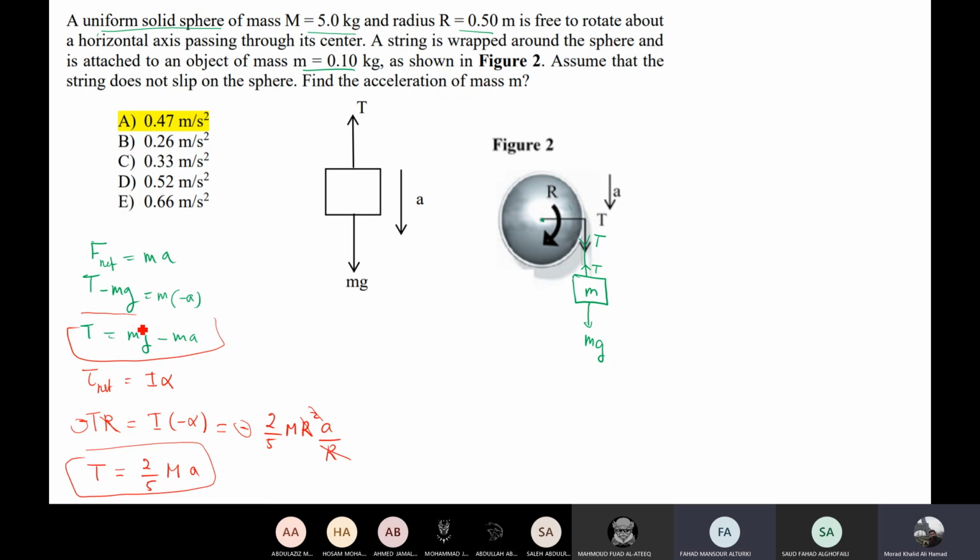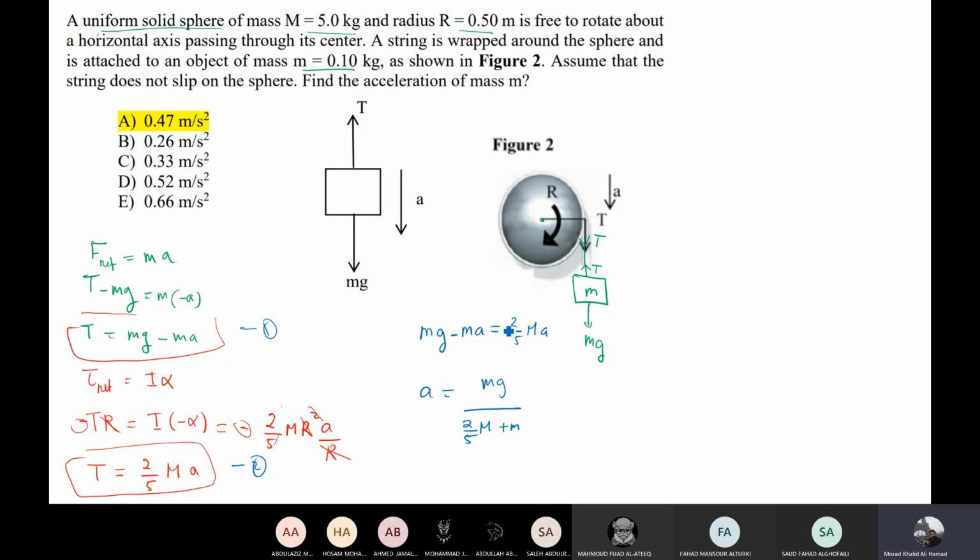Now we need to find the acceleration of the mass, and we need A. Here tension and tension are the same. So we can say equation 1 is equal to equation 2. So we have mg minus ma is equal to 2 over 5 Ma. Just rearrange, you will get A is equal to mg over 2 over 5 M plus small m.